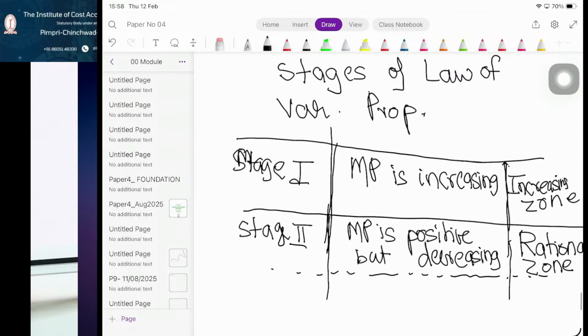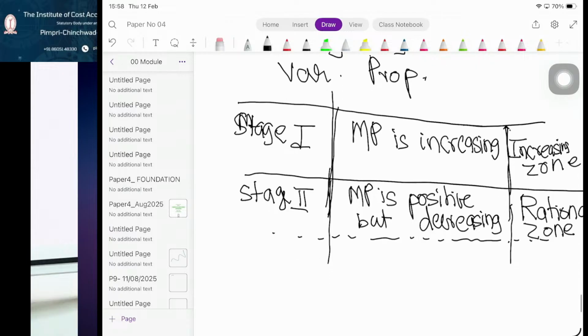Okay, and stage 3 is where marginal product is negative.